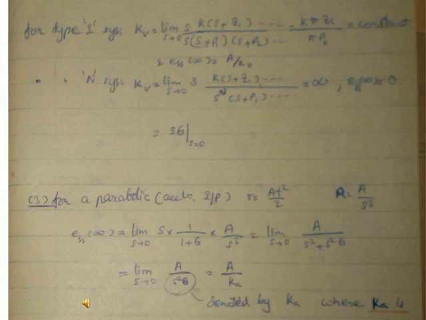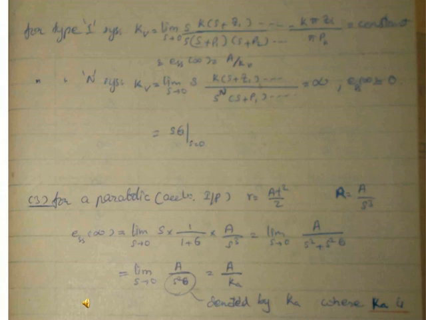So the limit as s approaches 0 of A divided by (s squared plus G), and then the limit of A divided by s squared G gives A divided by K_a, the constant acceleration.